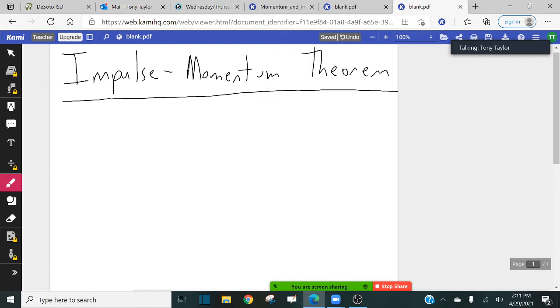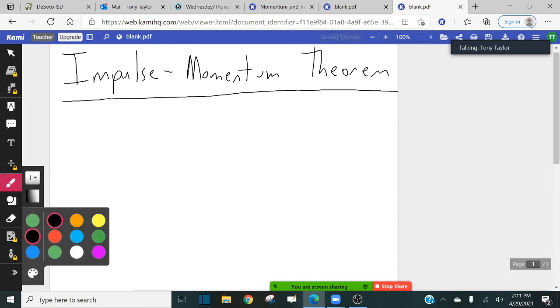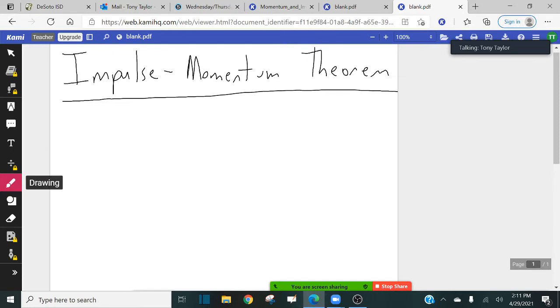Here's how I want to prove that to you guys. In order to derive this relationship or derive this equation, I want to start with a well-known equation that you guys are already familiar with, and that equation is Newton's second law. Okay.